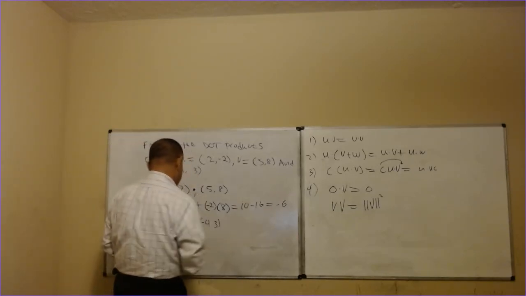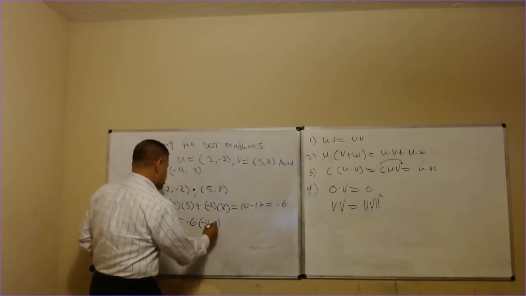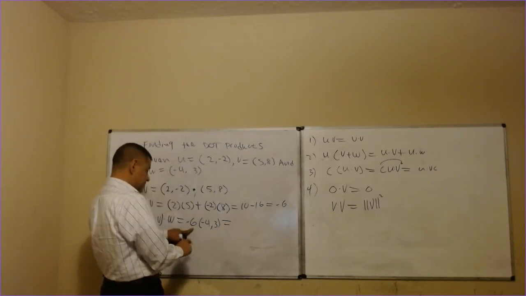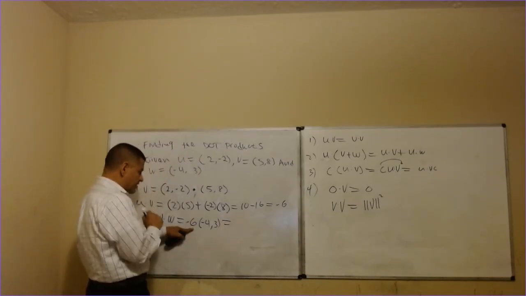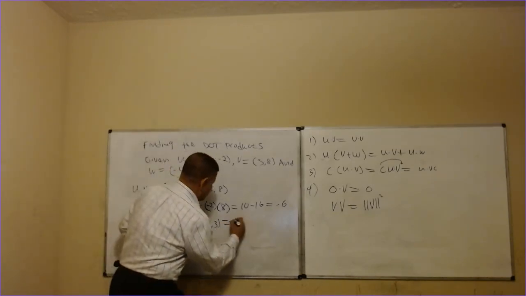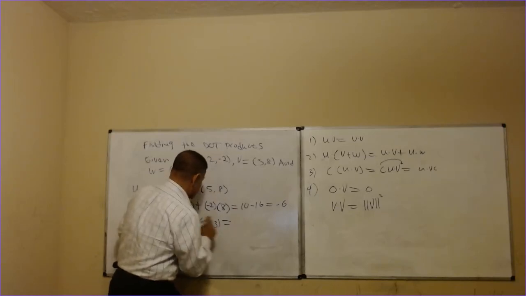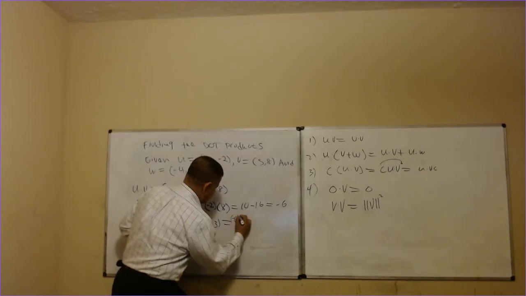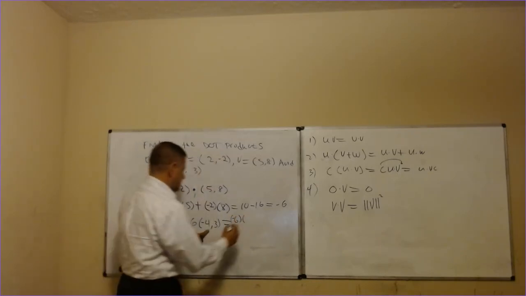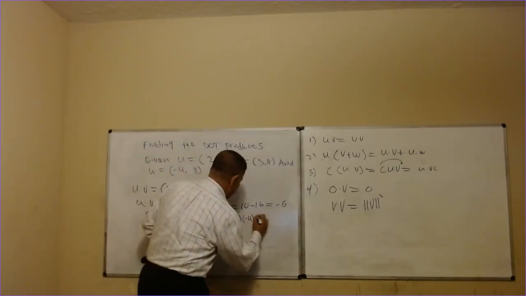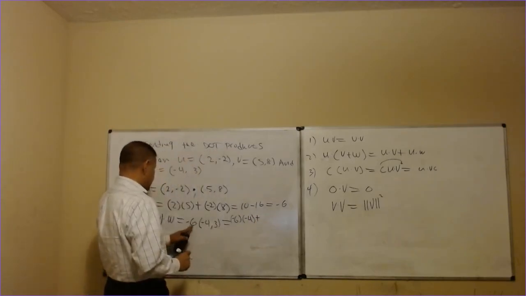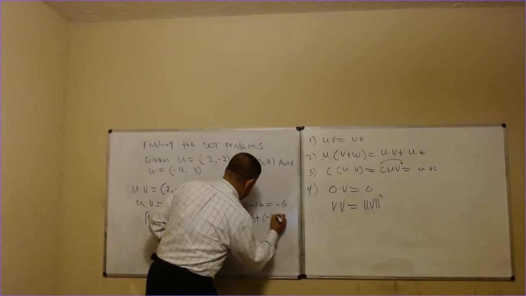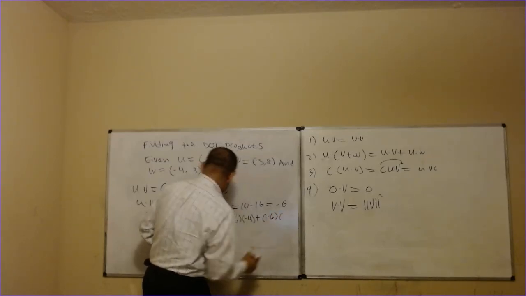Okay, so now when I do the dot product on this, this times this is equal to -6 times -4 plus -6 times 3.